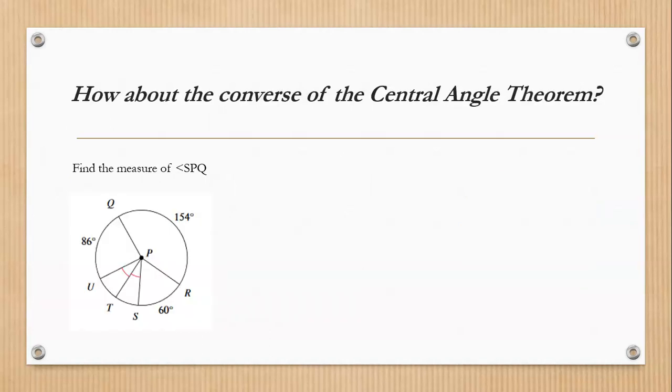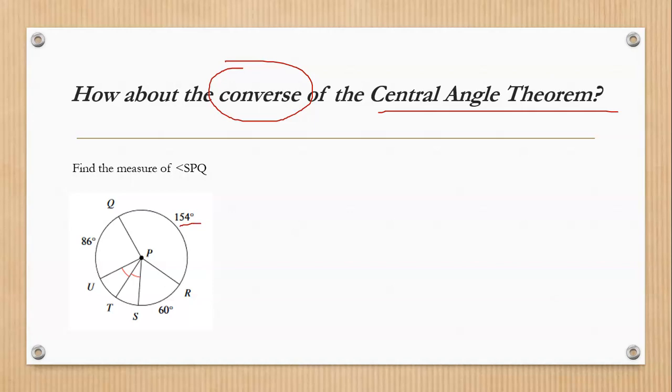Here's one. What about the converse of the central angle theorem? So remember from back in the day when we did logic, the word converse. What does the word converse mean? It means the reverse, right? So we know in the central angle theorem, if the angle is in the center, the arc across from it is equal, right? Well, the converse tells us the opposite. So here we know the arc measures.